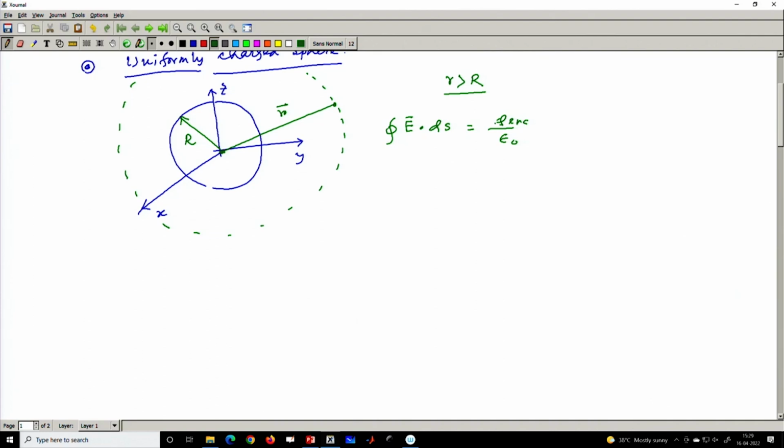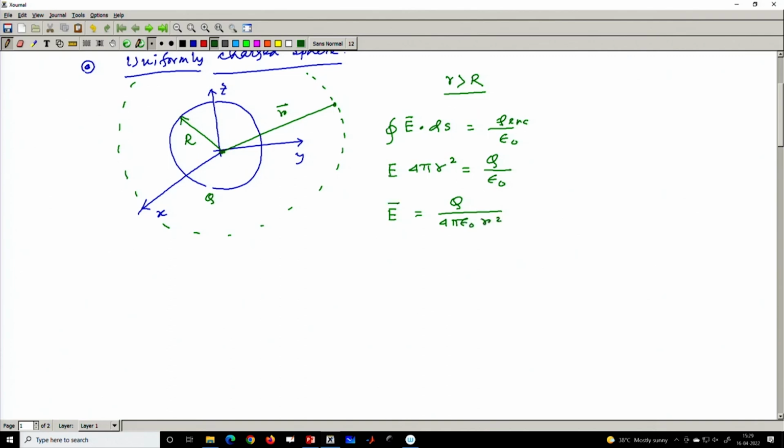So, eventually we have E and the total area is simply 4 pi r square, and that should be equivalent to the total charge. Suppose the total charge is q, that is enclosed, divided by epsilon 0. So, simply my E should be q by 4 pi epsilon 0 r square.